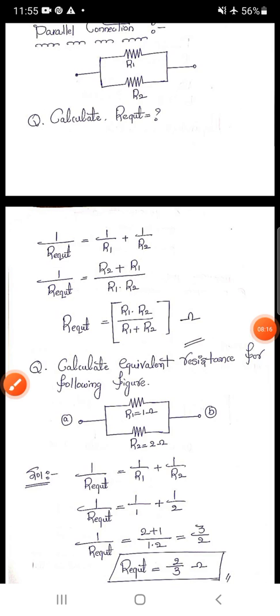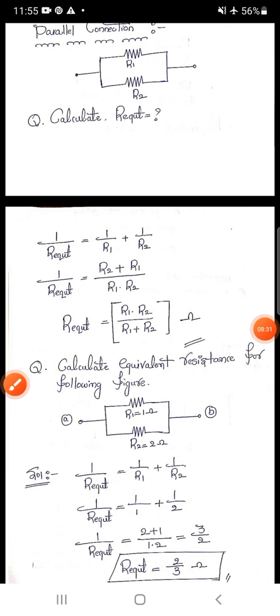Now see the simple problem here. Calculate the equivalent resistance for the following figure. R1 and R2 are both connected in parallel like this. We need to find the equivalent resistance for this given figure.